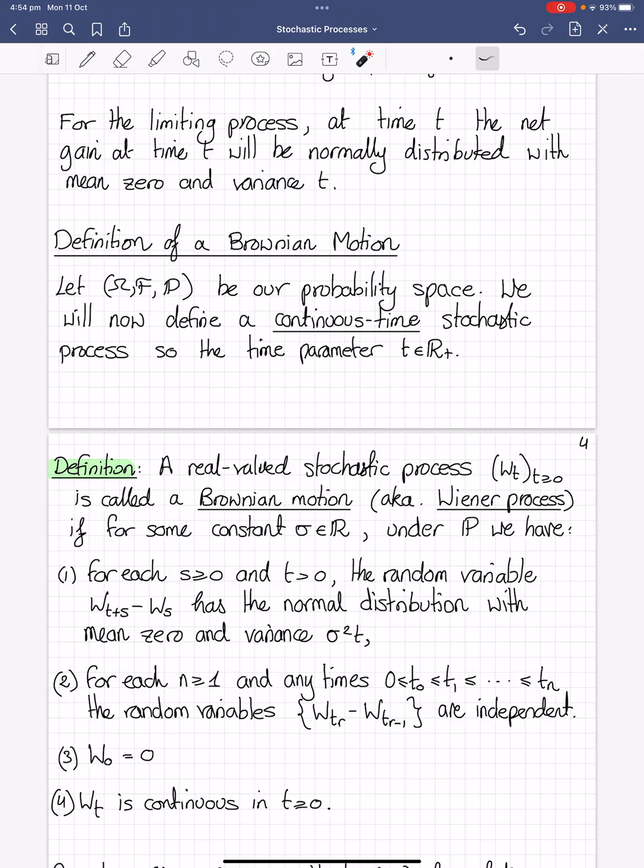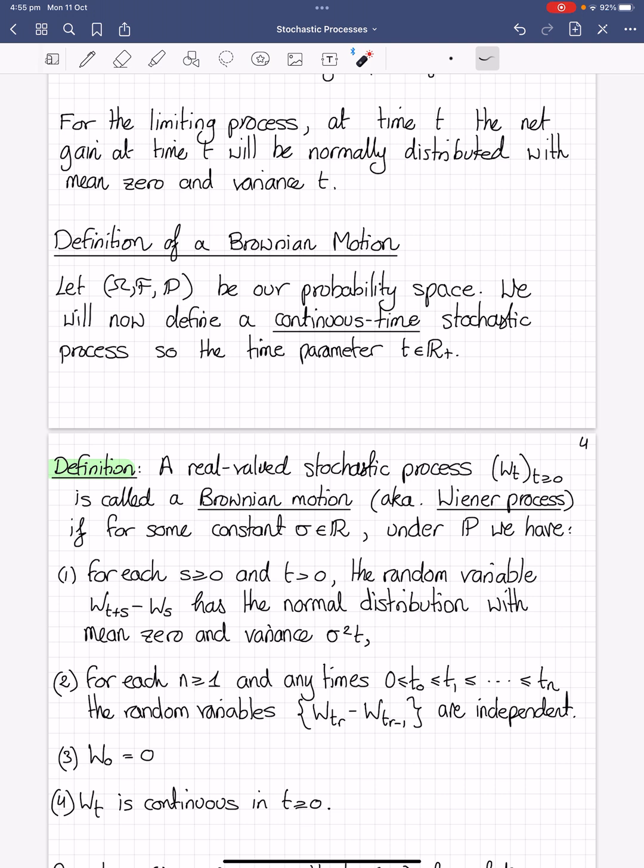Okay, so the definition of the Brownian motion is as follows. It's a real valued stochastic process, and we call it W_t. We call this process a Brownian motion. It's also called a Wiener process because Wiener showed that it actually mathematically exists, and this is why Brownian motions are often denoted by W, like W_t, but you can use other things like X_t or B_t, whatever you want to call it.